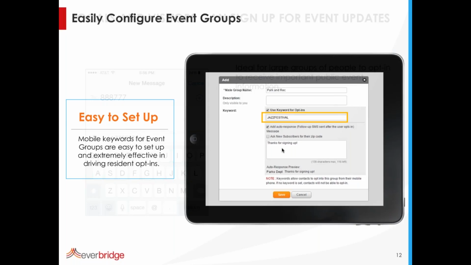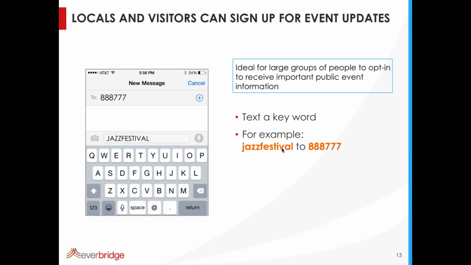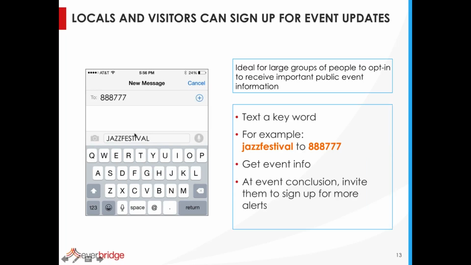Similar to the zip code functionality, users can text your mobile keyword to 888-777, and they will easily opt in to this specific group.